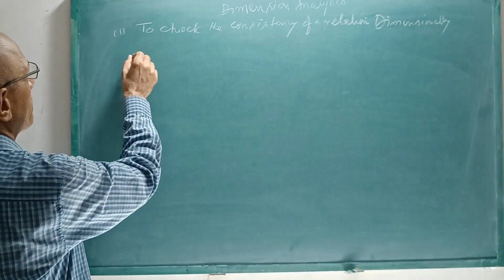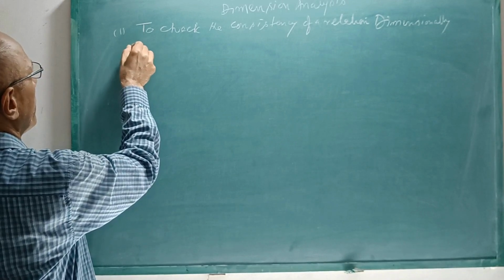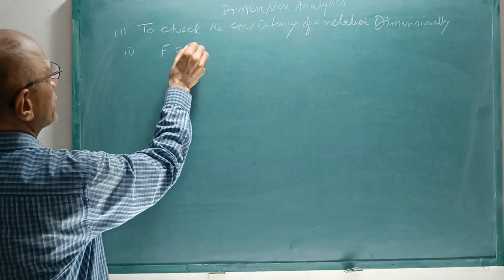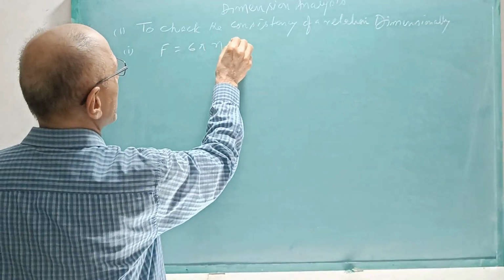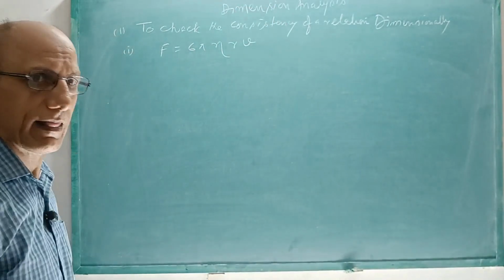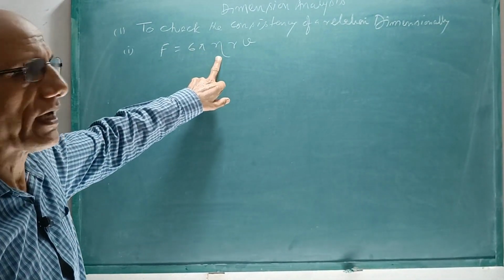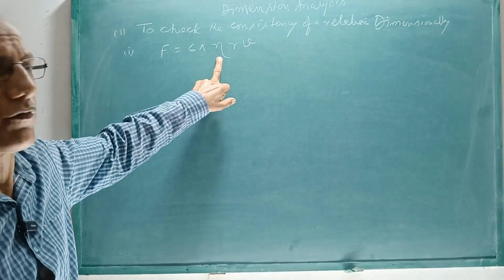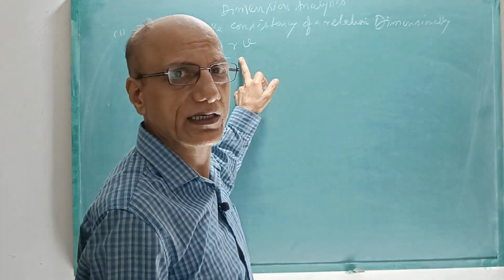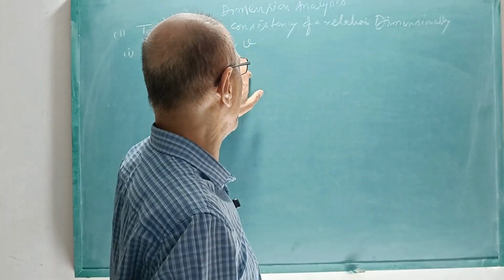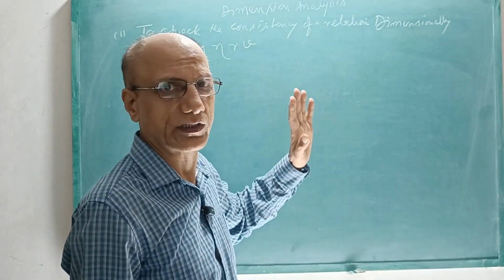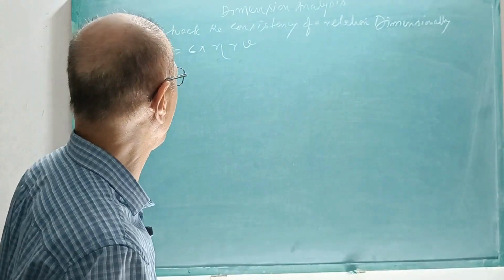So the relationship is first F equals 6 pi eta RV. Here F is the force, eta is the viscosity coefficient, R is the radius of the drop or body, and V is the velocity with which it is falling or moving.